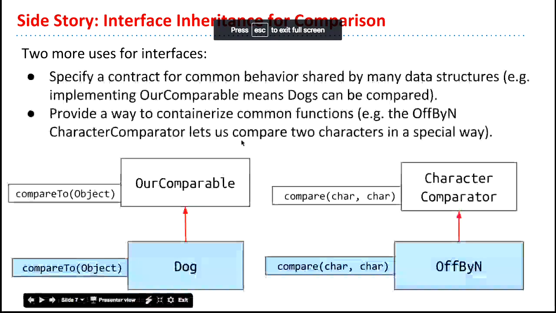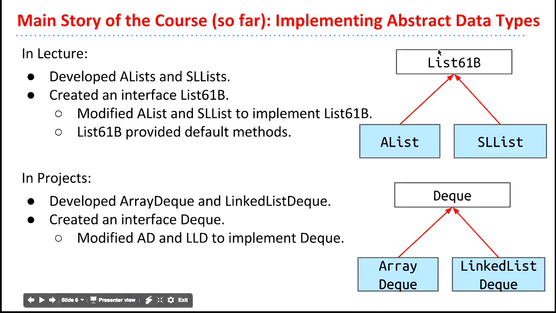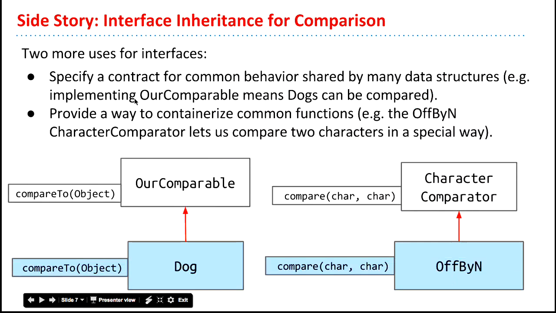Anyway, so two more uses for interfaces that we saw, in addition to capturing this nice story, is it gives us a contract where we can say, if you are a Comparable object, you definitely have a compare method. So in this case, we're using interface inheritance to say what your capabilities are. And so you could say that a dog, for example, has the capabilities of comparison.